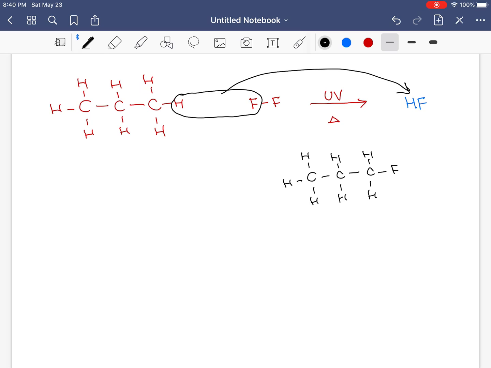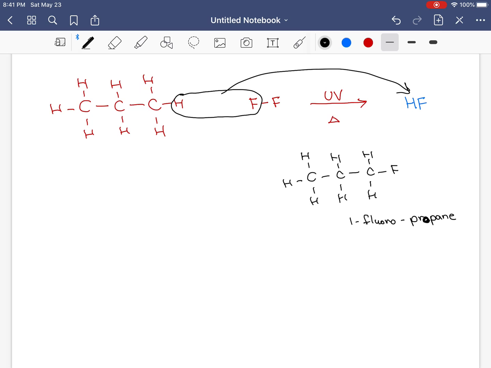Right? Now, just to give you the name, this is 1-fluoropropane. Propane. Yes, that looked like an A. Okay, this is 1-fluoropropane.